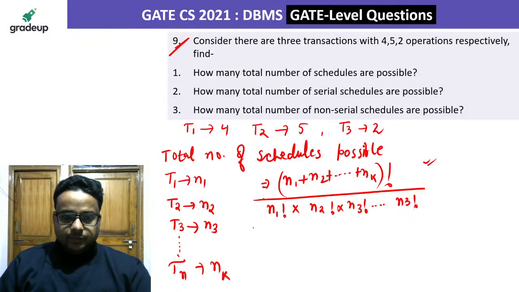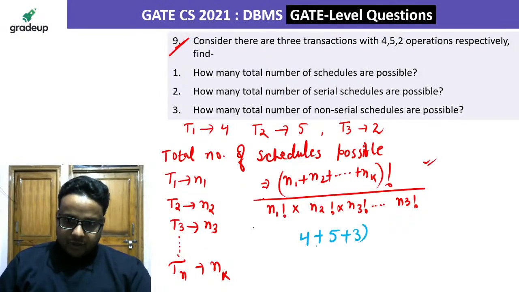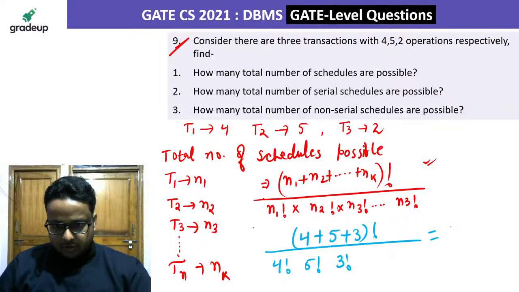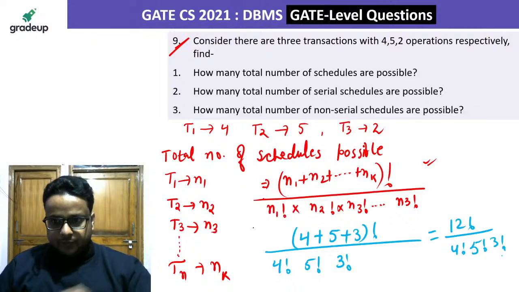Now in this question they have given T1 contains 4 operations, T2 and T3, the whole factorial divided by the individual factorials: 4 factorial, 5 factorial and 3 factorial. I think you remember how to solve it. 12 factorial divided by 4 factorial, 5 factorial and 3 factorial.